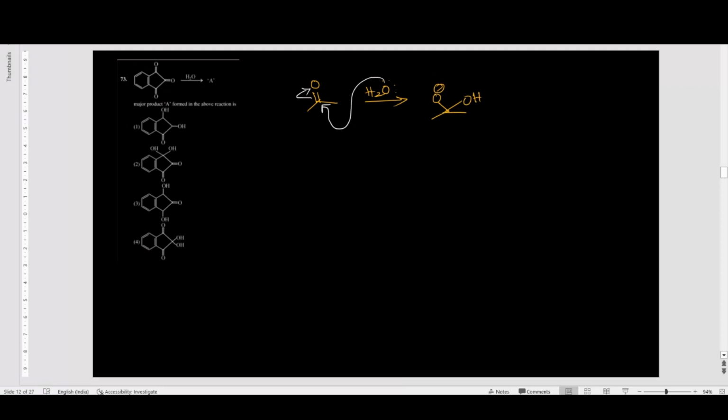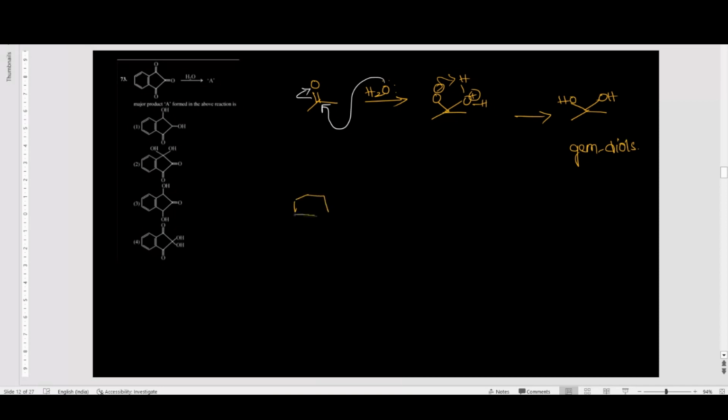Let me write it like this. H, H+. So this will abstract this hydrogen, and it will form these gem diols. Generally these are unstable, but yes, you will get gem diols when you treat ketones with water.